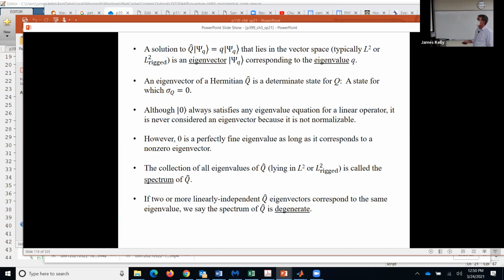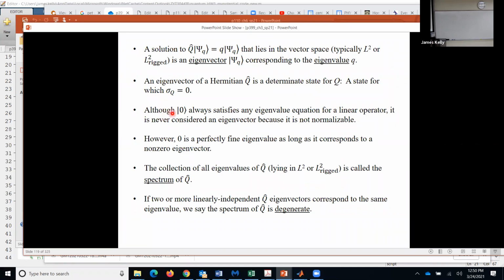For example, if we take the momentum operator and solve momentum operator times a function of x equals a number times that same function of x back again, that's a differential equation. We can solve it, and we will find states which have a definite value of momentum. Their momentum is zero everywhere except at a particular value. So that's what a determinate state means.